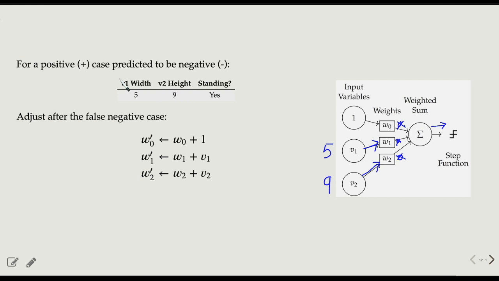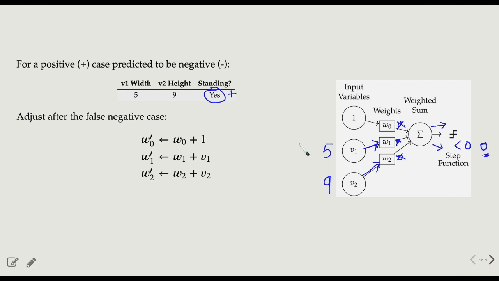So for example, in the data instance here, the actual class is yes, which is positive. Let's suppose when we feed this data into the perceptron, the outcome is negative, and so we are going to predict 0, or negative. So in this case, it's a false negative case.